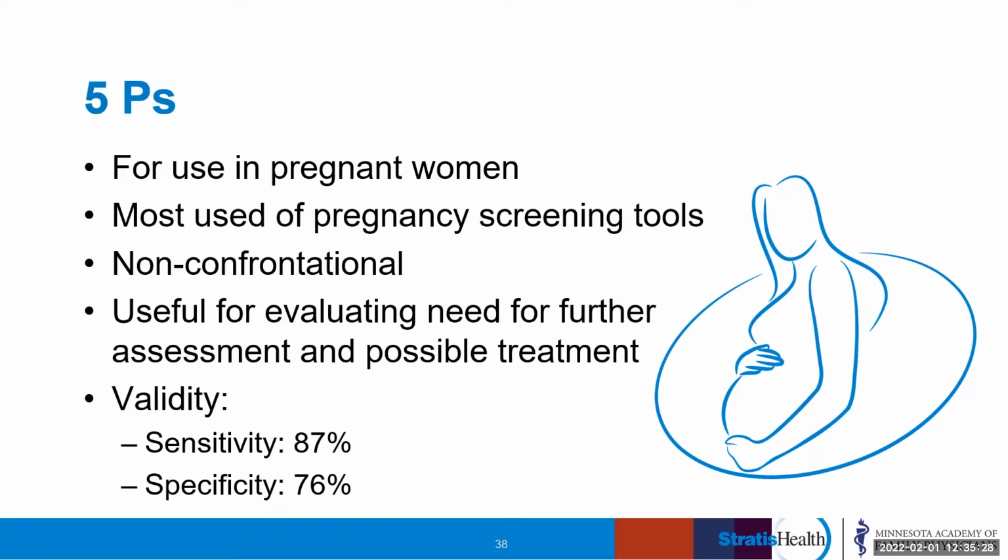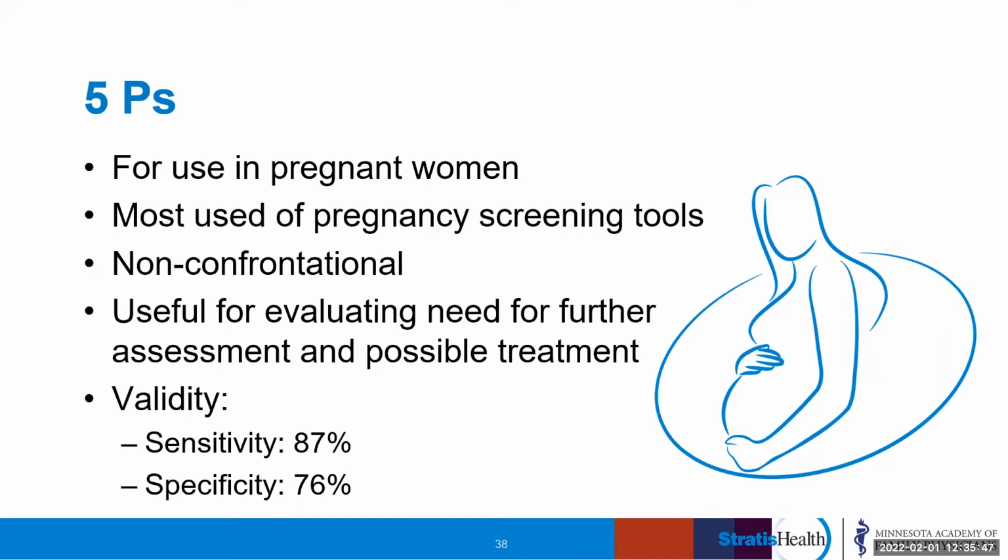The reason I chose to highlight the 5 Ps is the Maternal Morbidity Committee I sit on, the MOST-R committee, which is also a high-risk pregnancy committee I sit on, Dr. Cresta Jones, who's a perinatologist, addiction doctor. This is what they all use.